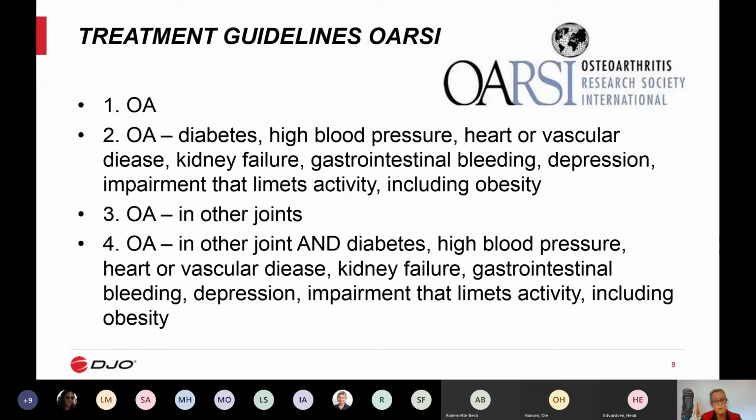The third group is also knee OA, but also in other joints than the knee. And the fourth one is OA in the knee and other joints and all the other things. But what is really good is that in every single patient group, they put in OA braces as one of the treatment guides for the patients.